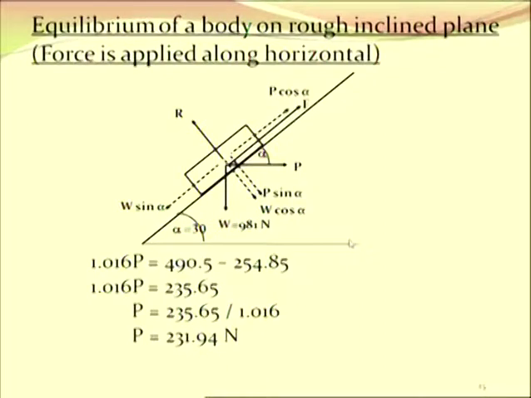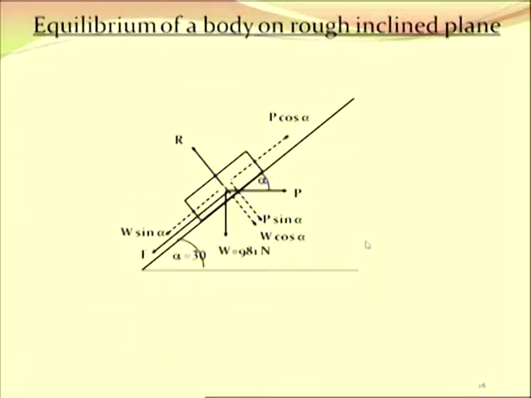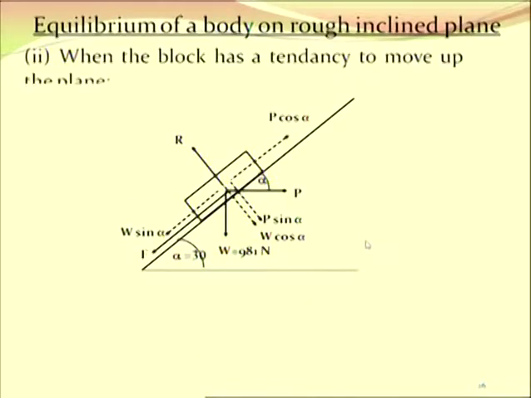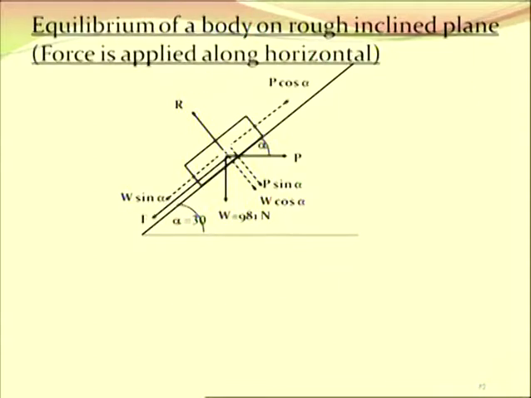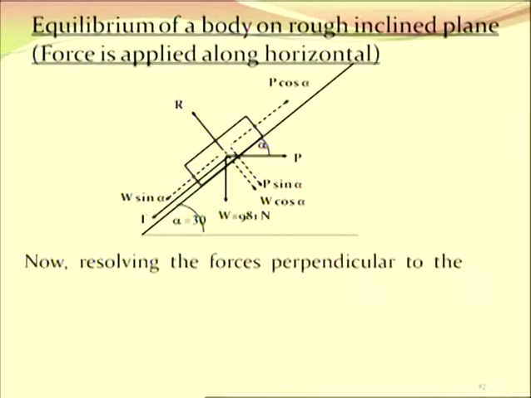Now consider another case where the maximum value of P is required to be obtained, when the block has a tendency to move up the plane. Now resolving the forces perpendicular to the inclined plane, sigma Fy is equal to 0.